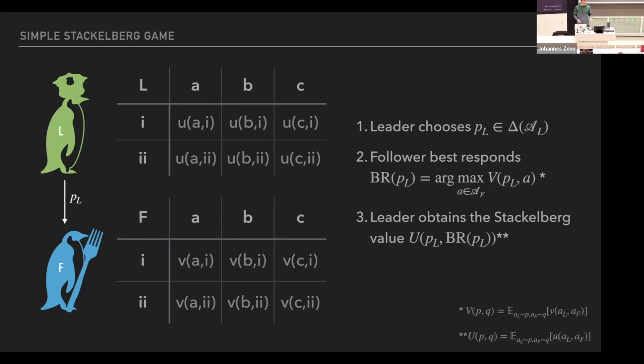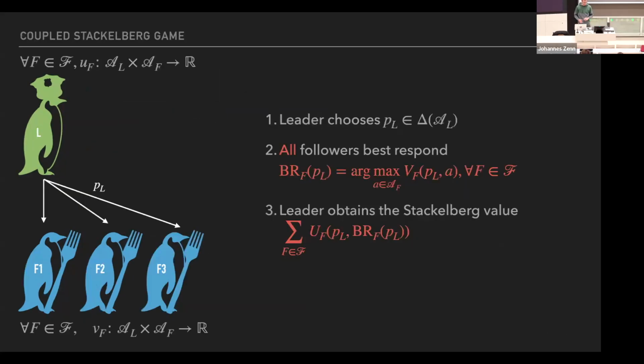As notation, I use the big V and the small v's for the follower, and the big U and the small u's for the leader. So far, so good. We extend this game a little bit, and we do not only include a single follower, but a set of farmers, a set of followers.